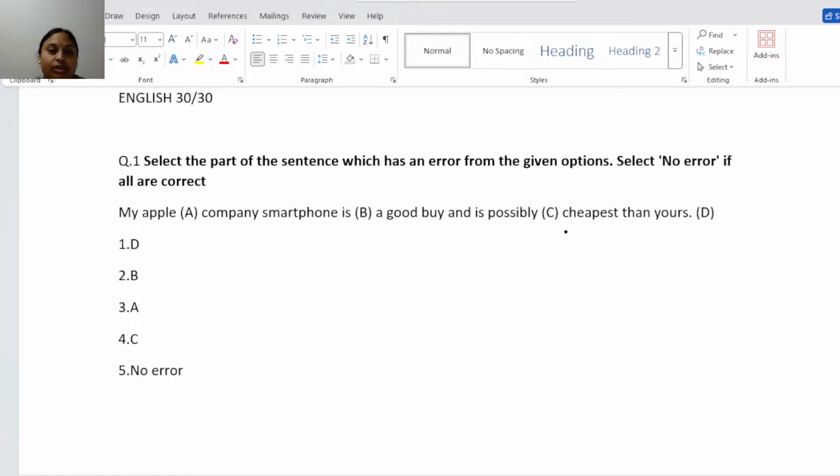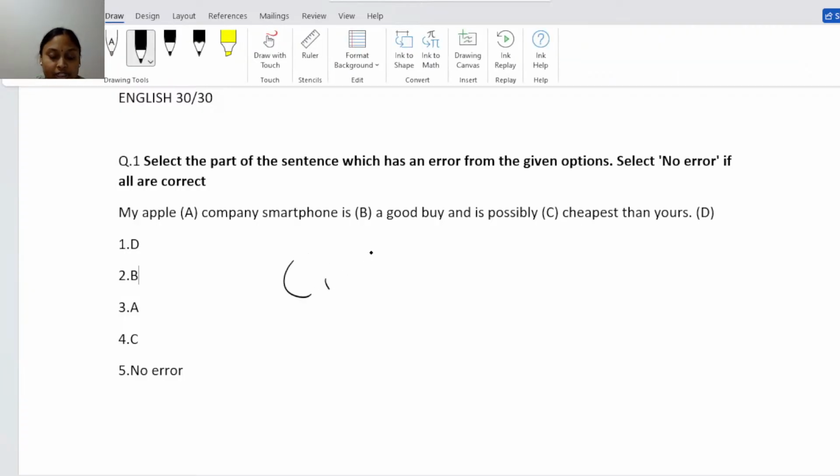yours. Here about the Apple company smartphone, they are saying it is good in quality and is possibly cheapest than yours, which means they are doing a comparative study. So we are supposed to see the comparative degree.